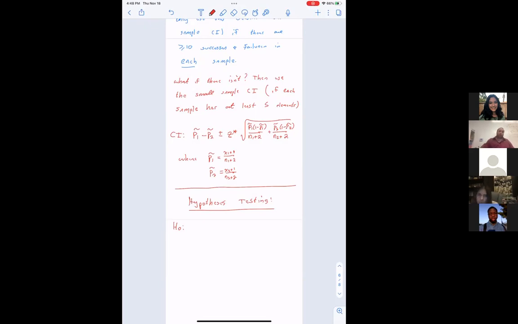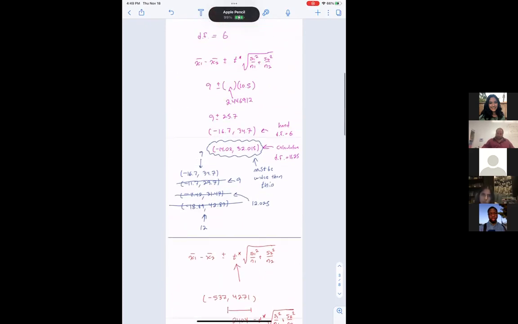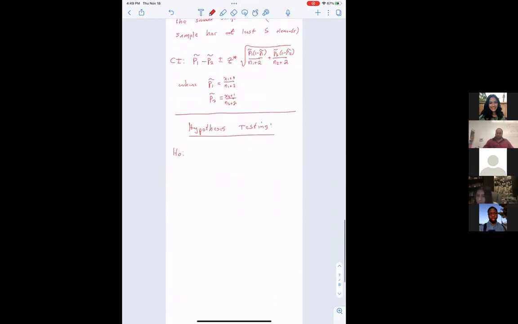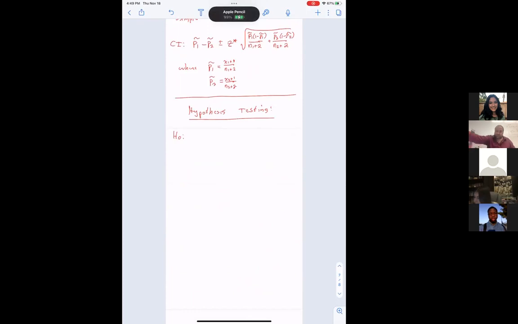Remember the title of the chapter: we are comparing 2 proportions. If I'm looking at 2 different proportions, what do you think I want to know about those 2 proportions? Are they equal? Or is their difference 0?